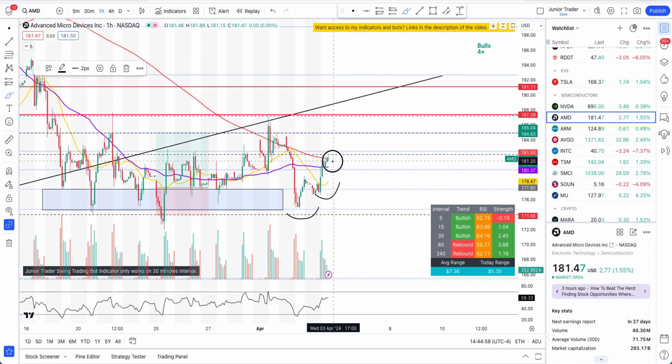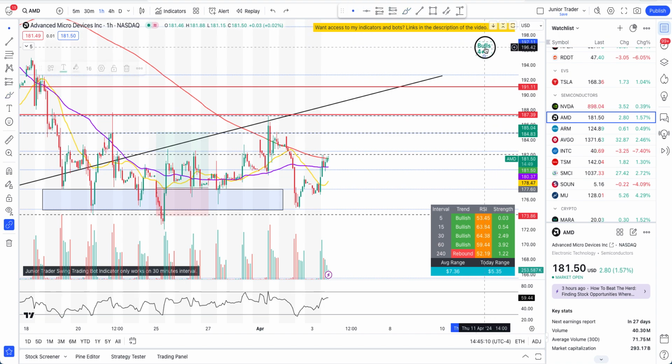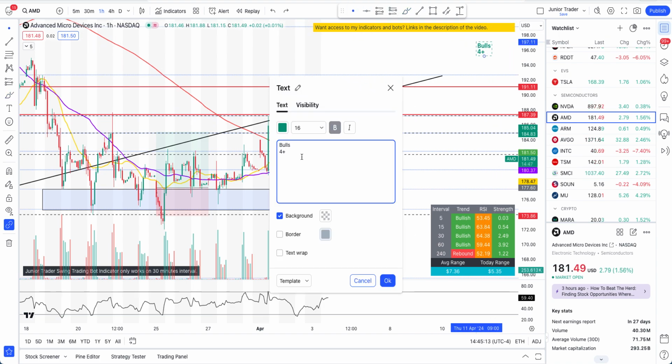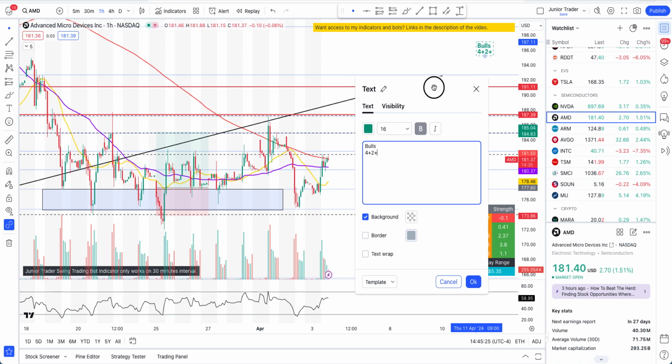So if AMD pulls back and still continues to find support at the 20 hour moving average or 180, it is still in the uptrend, right? This is a pivot already formed on AMD. So yes, this also holds weight for the bulls, and let's give it at least 2 for now, because this is an intraday weightage.